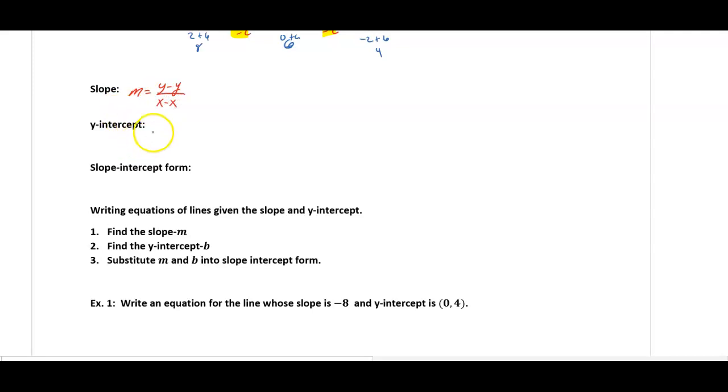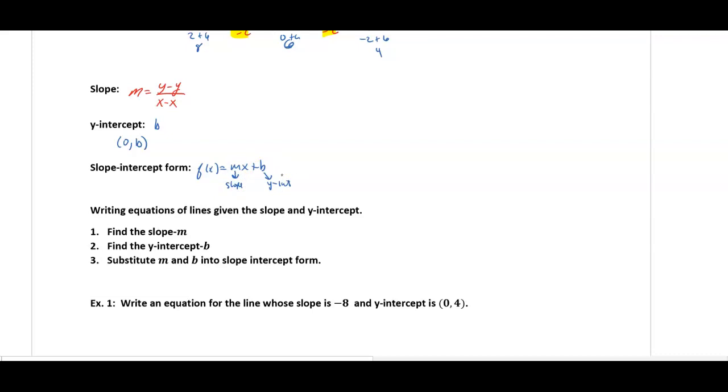Now your y-intercept, which in the slope-intercept form is your b, is always going to have an x-coordinate of 0, so it's 0, comma, b. And now, once you find the slope and the y-intercept, you know f of x equals mx plus b.